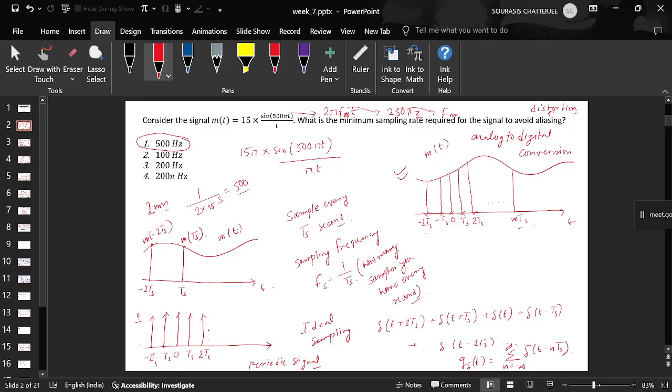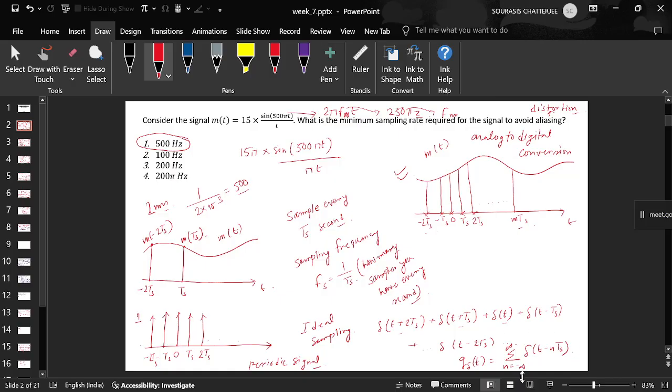You can see this impulse train is a periodic signal, right? It repeats every ts seconds, because it is uniformly spaced and all impulses are identical with the same amplitude, so it's periodic with the fundamental period of ts. It can be written as delta t plus delta t plus ts plus delta t minus ts, and so on. In compact notation, you can write this as an infinite impulse train.